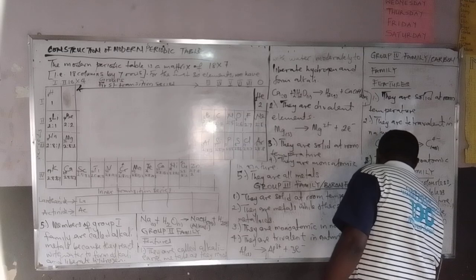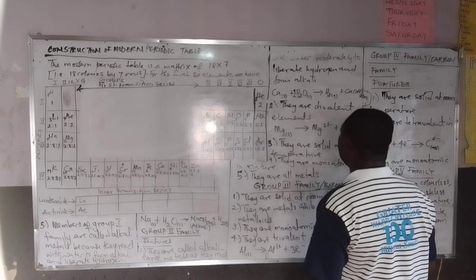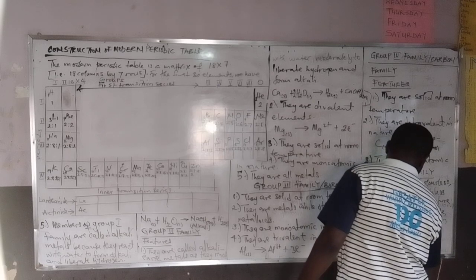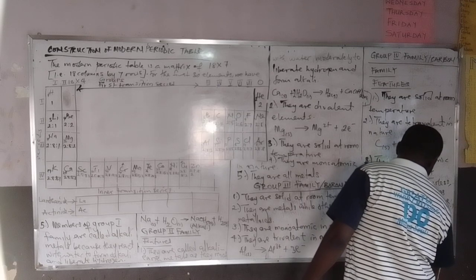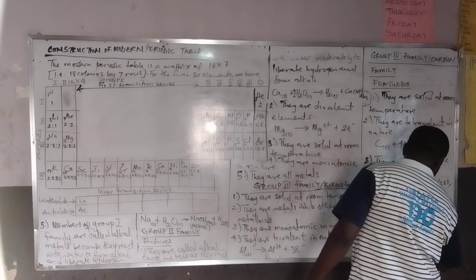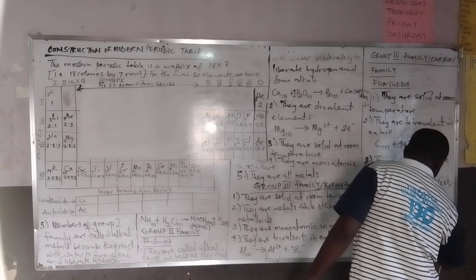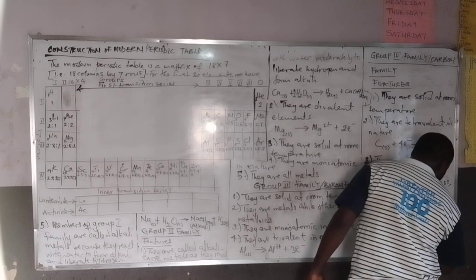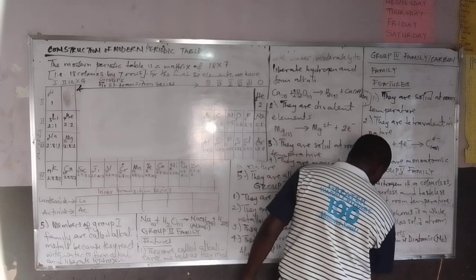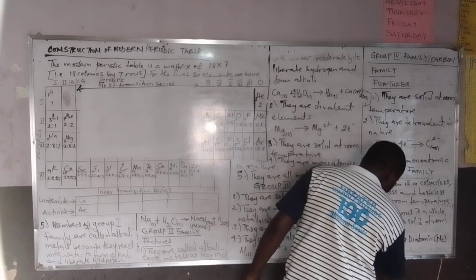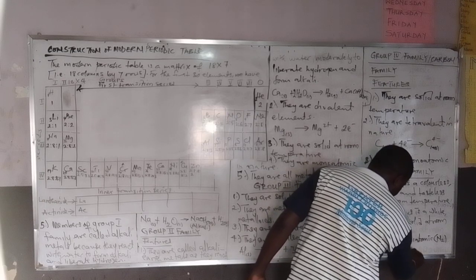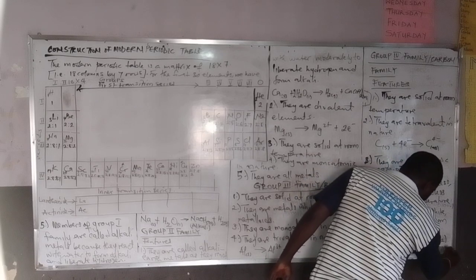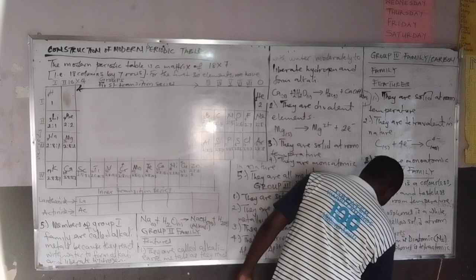Number 2 thing to know about them is that nitrogen is diatomic, while phosphorus is tetraatomic. Diatomic in the sense that nitrogen is written as N2, one molecule, while phosphorus is written as P4.